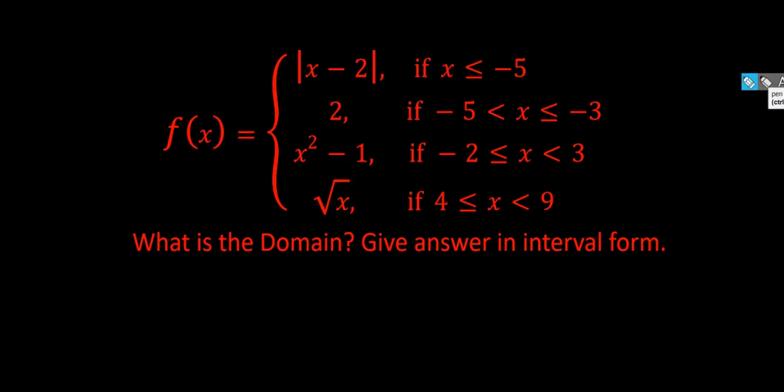Okay, well, it's really easy to tell what the domain is because what is the domain? The domain is the set, and this is true for any domain, the set of x values that are allowed.